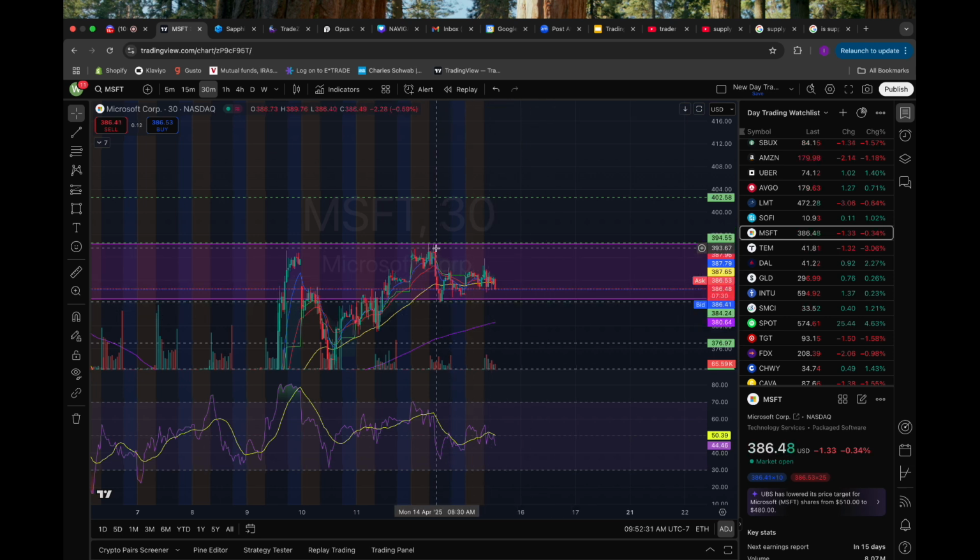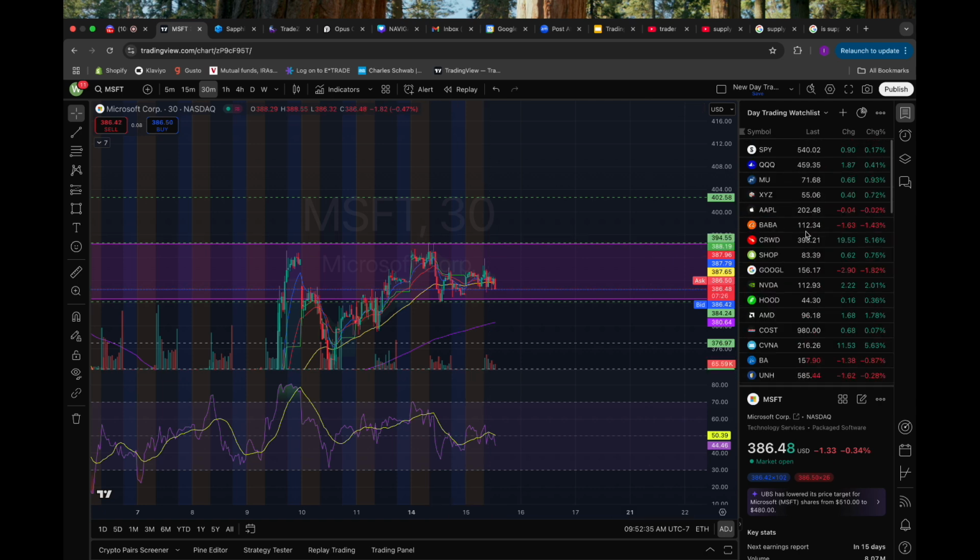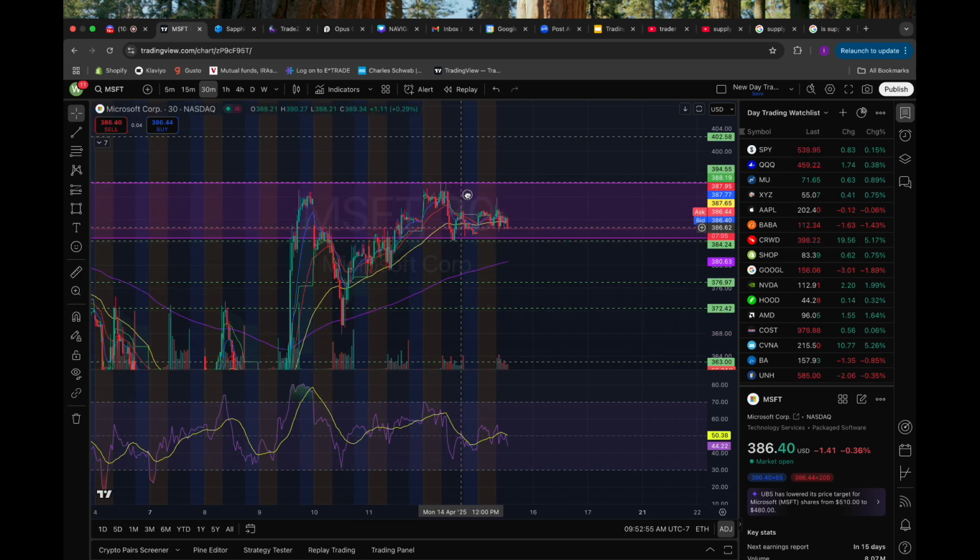Okay, so as you can see, what ended up happening with Microsoft is they came up here, they rejected, and they came down here. So this would be resistance, and this would be your support for the day, right? That's how you can look at that. Now this is a zone that we have mapped out, but what about when the stock is not in a zone?